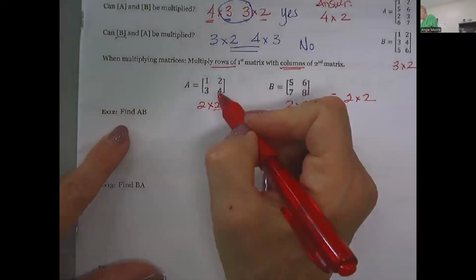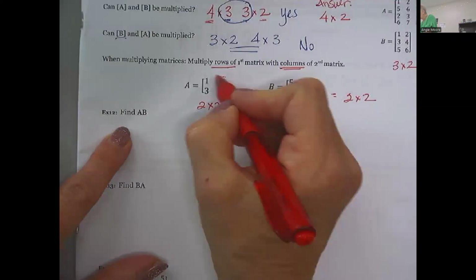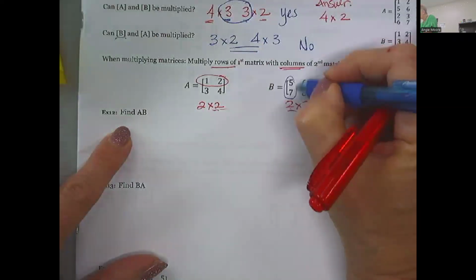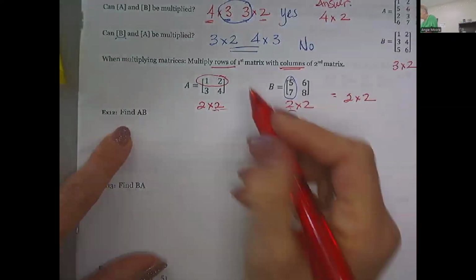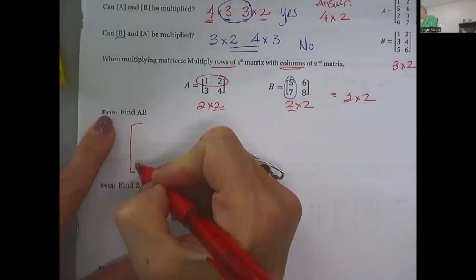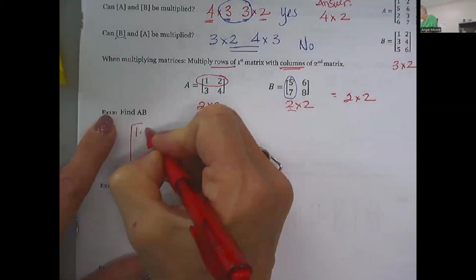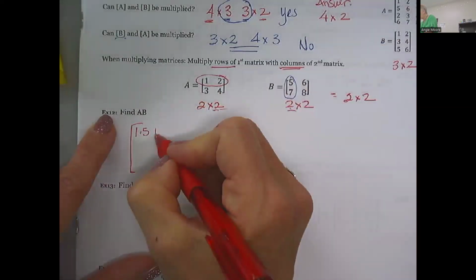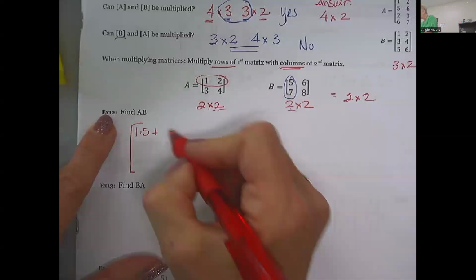So we now have, we're going to use the rows. So I'm going to multiply this row by this column first. Okay, so I will do 1 times 5, and I'm going to add that with 2 times 7.